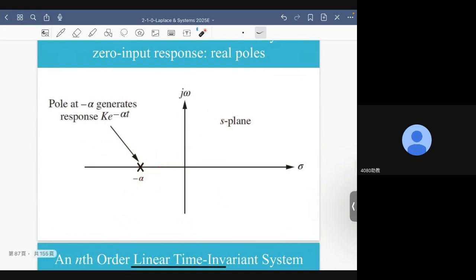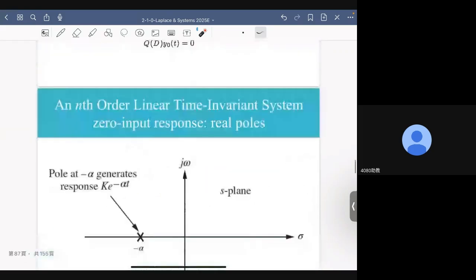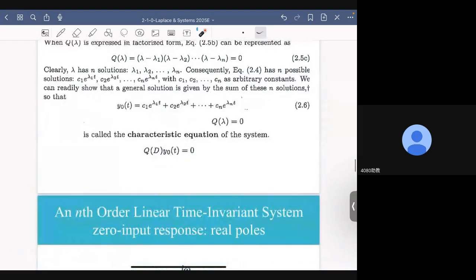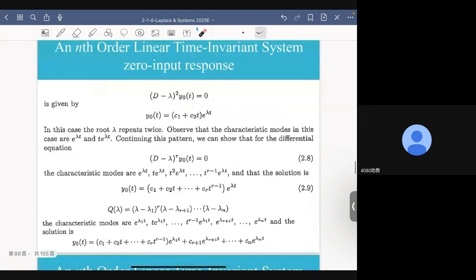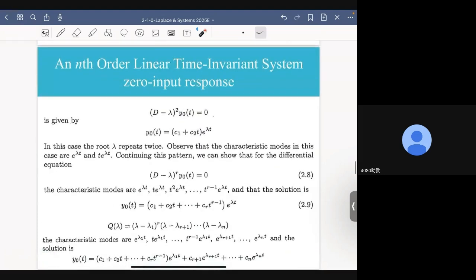So that's one type of mode, and that type of mode occurs when I have real poles. But poles are not necessarily always distinct. I can have repeated poles.